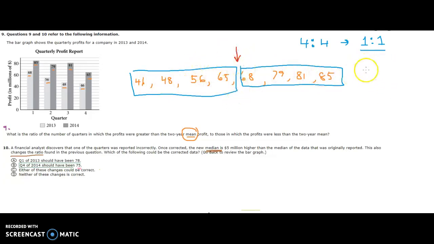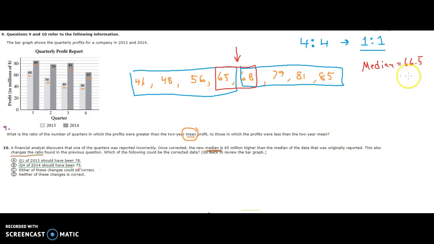The way you find the median is to calculate the average of the 2 middle numbers. So I do 65 plus 68 and divide by 2, to find the number right in between. Check me on your calculators, but that gives a median of 66.5.